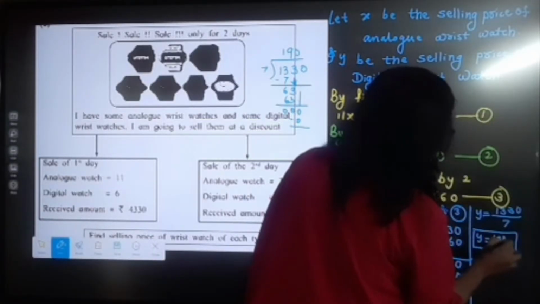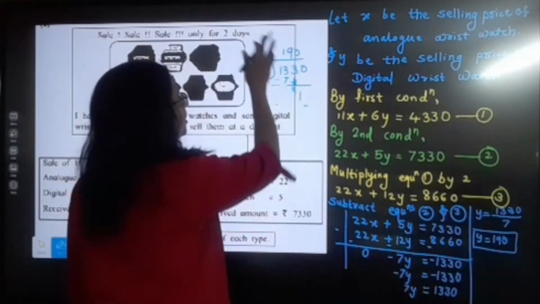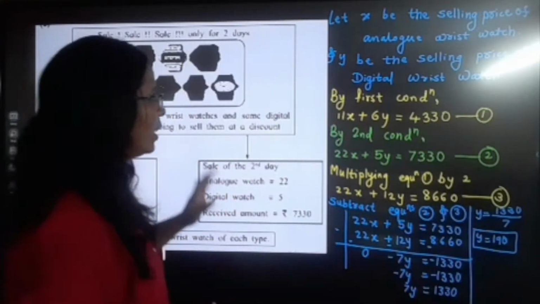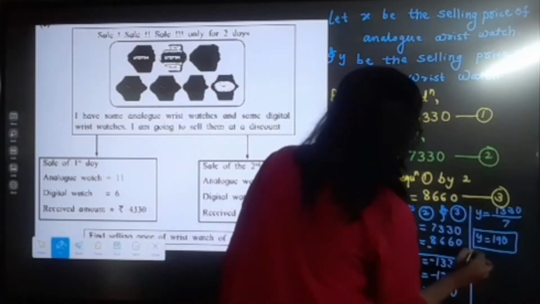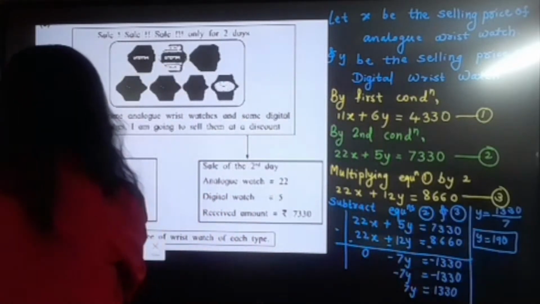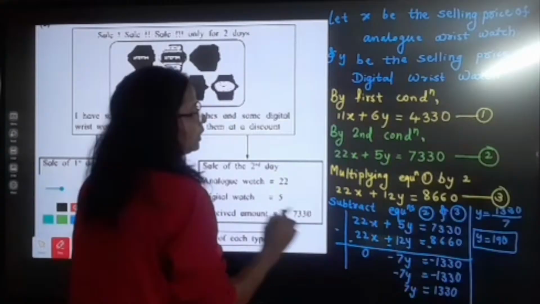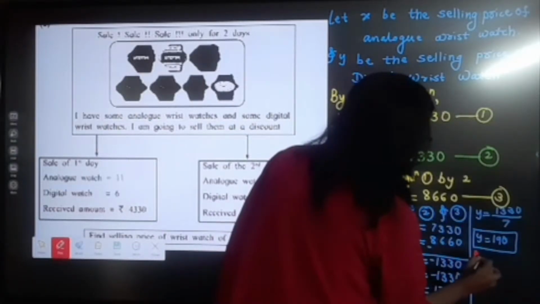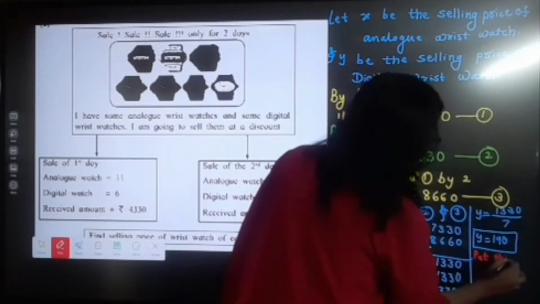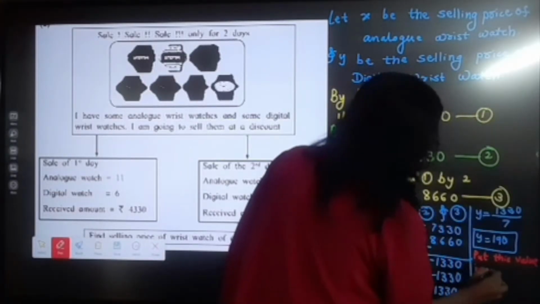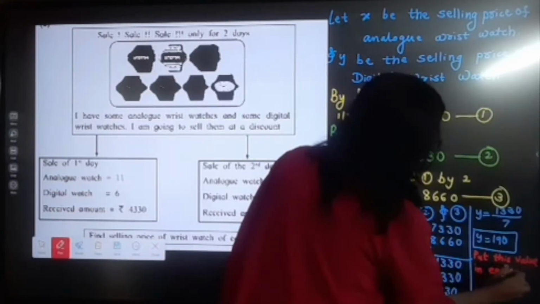Okay, students? And then here, put this value in equation 1.